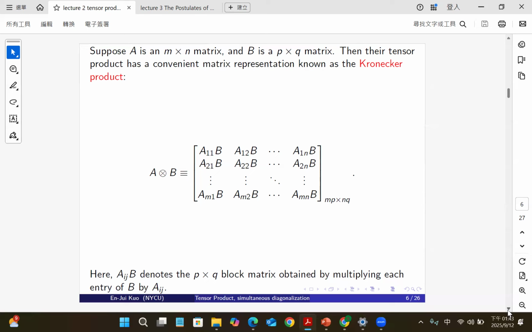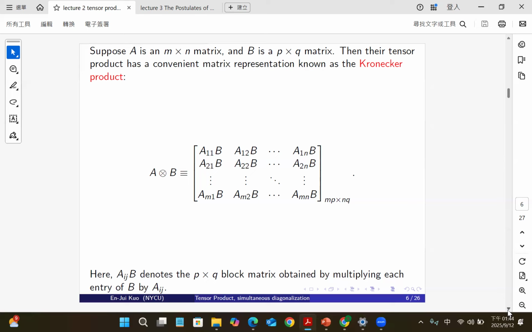And also for B, let's say B is a P times Q matrix. That means I can view B as a linear transform from Q dimensional to P dimensional. Following the definition, A tensor B should be defined similarly, you just tensor these two.